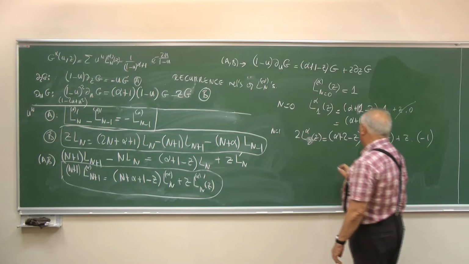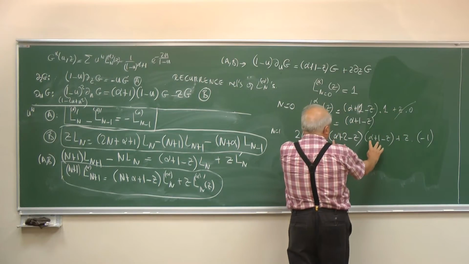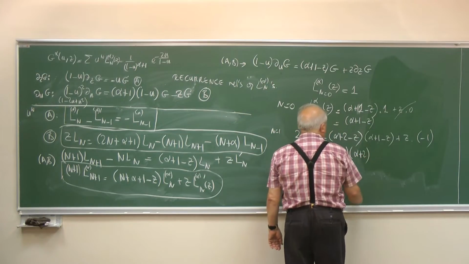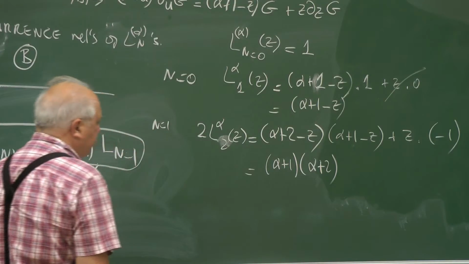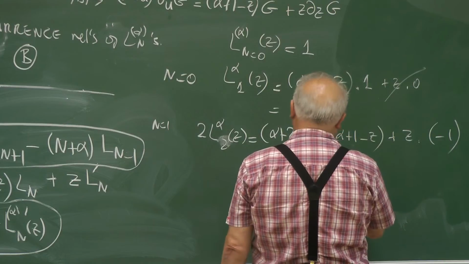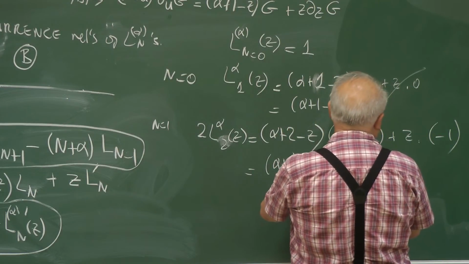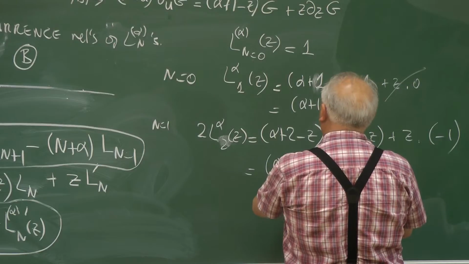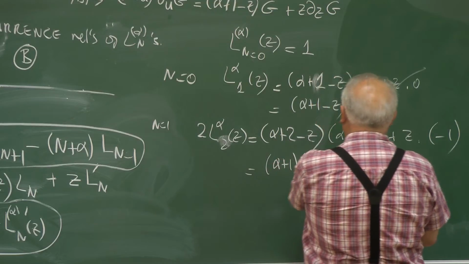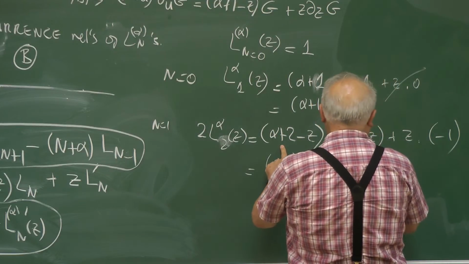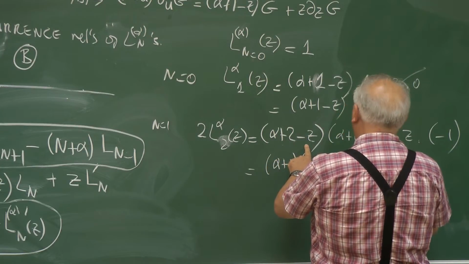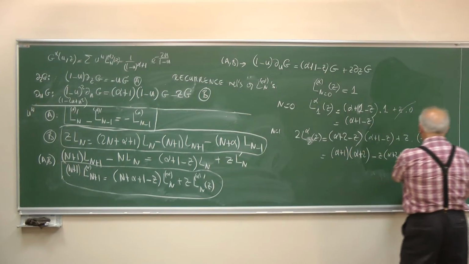And so if you multiply alpha plus 2 and alpha plus 1, it is alpha plus 1 times alpha plus 2. Then it's the constant term, then the linear terms in z. So minus z alpha plus 2, then alpha plus 1, and this is also 1.